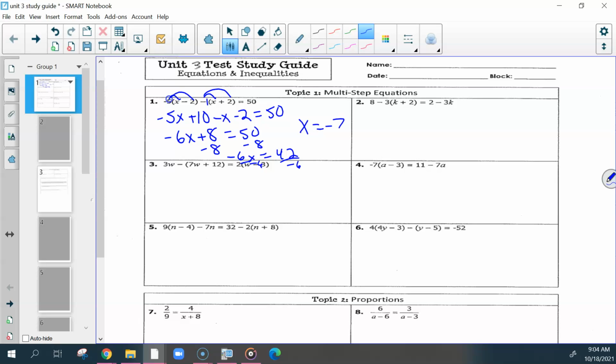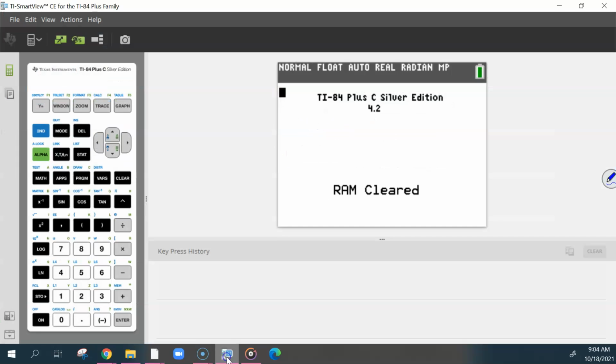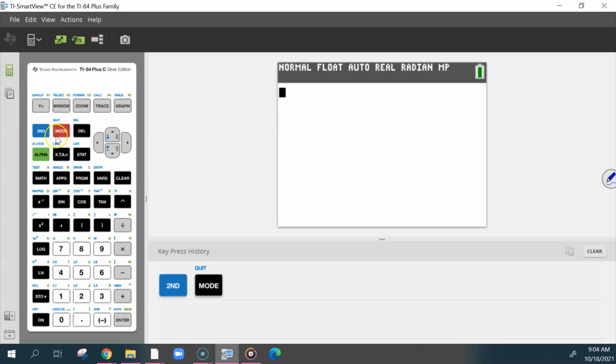So another way on your calculator, if I know my x is negative 7, I could do one of 2 things. I could put negative 7 in for all of my x's.